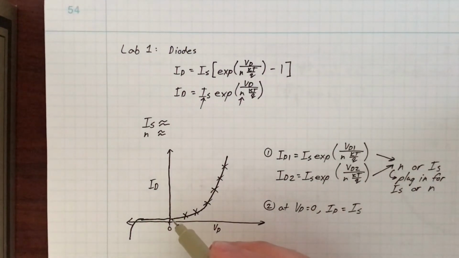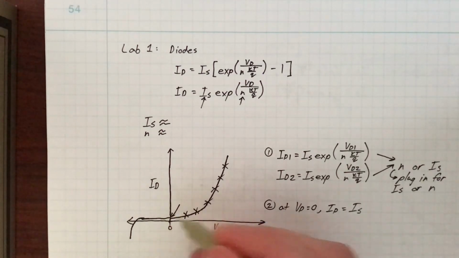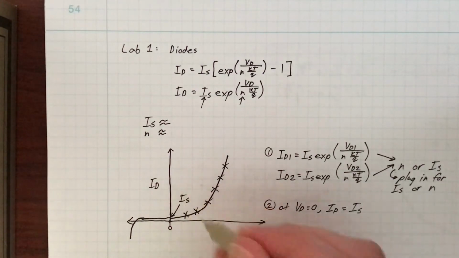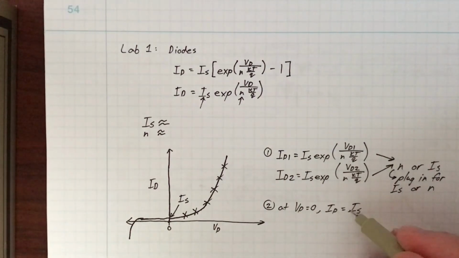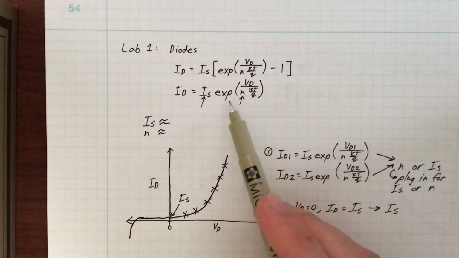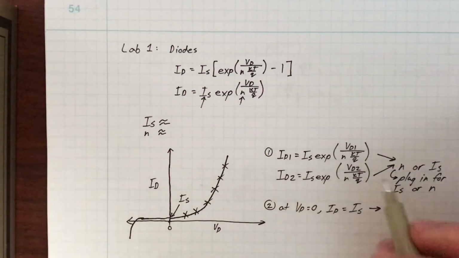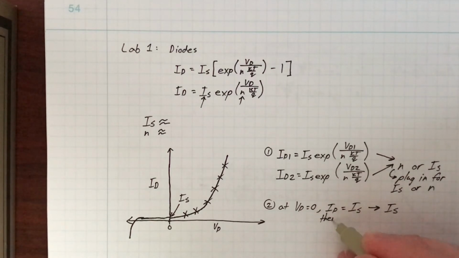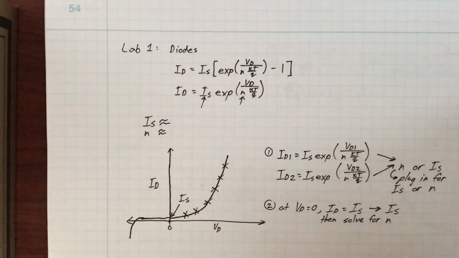So if we look at this plot here, VD equal to 0, that right there would be equal to IS. So you would get IS from that, and then you could plug into the diode equation with any of your other data points, and you could figure out N. So that's your second option.